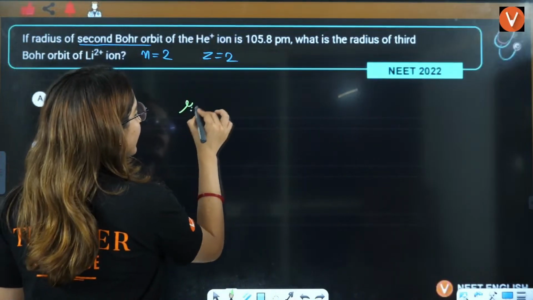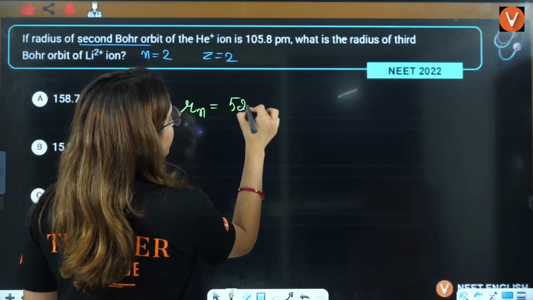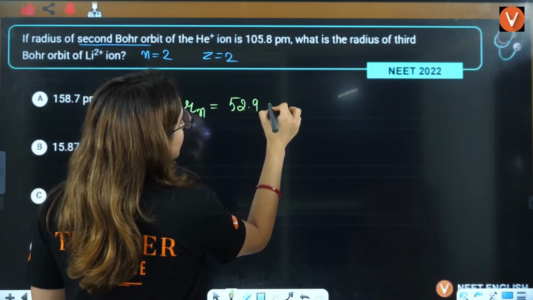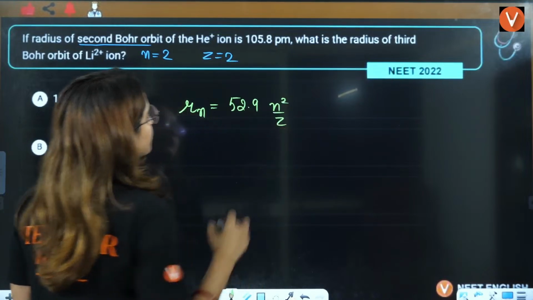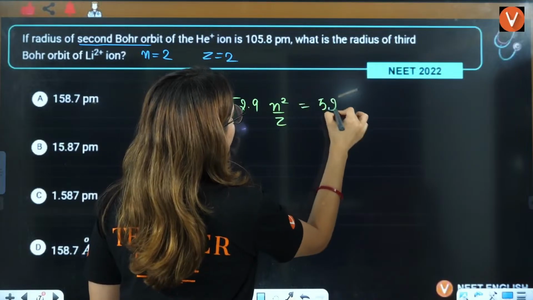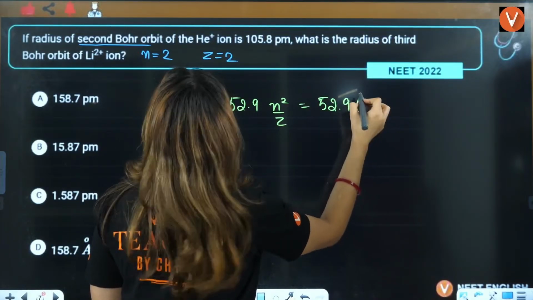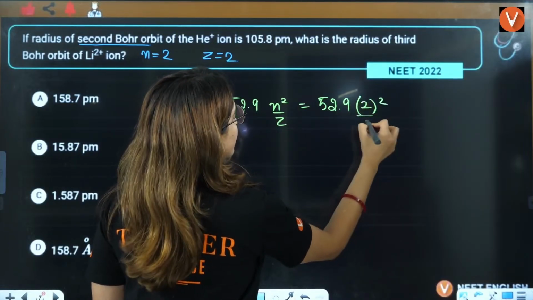You can directly write radius is equals to, if they ask in picometer, that will be 52.9 n square by Z. Okay, what is n square? That is 4. So I can write it as 52.9, n square is 2 square divided by 2.